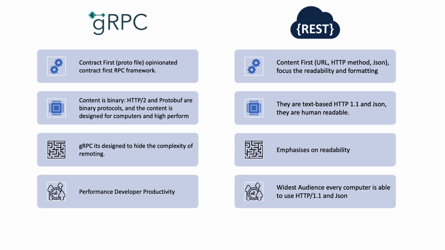If one of them does not have access to that proto file, there will be no way for them to communicate together. On the other hand, in REST, anyone can just pick up the APIs and they will be able to communicate.